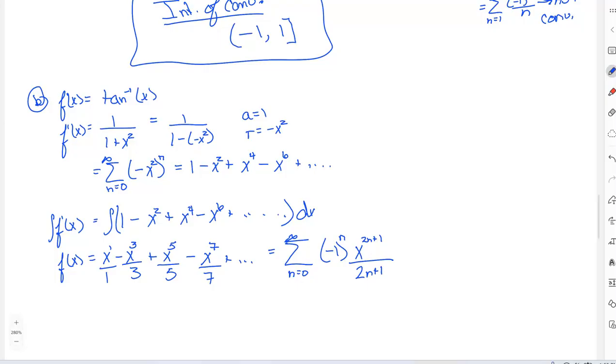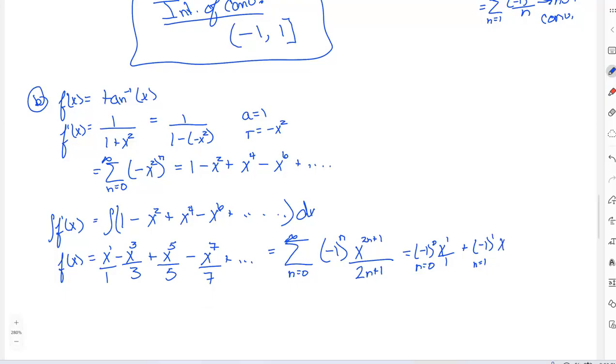Now, I always like to check it. If I plug in 0, I'm going to get -1 to the 0, which is positive 1. So my sign's correct. And this is going to be x to the 1 over 1. And then if I plug in n equals 1, I'm going to have -1 to the first, which is going to give me that negative.